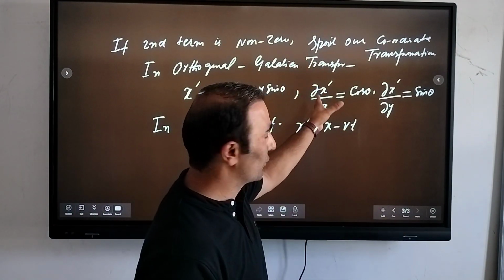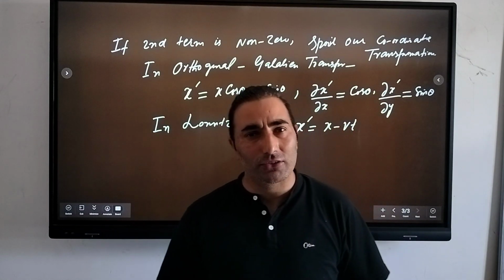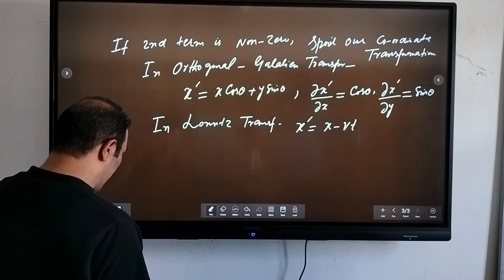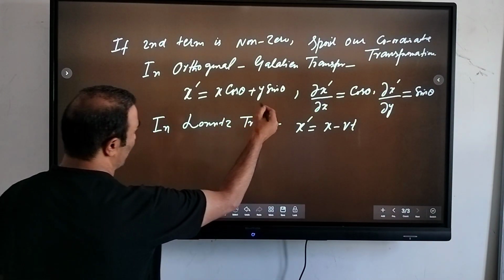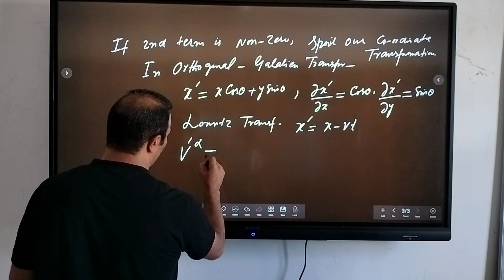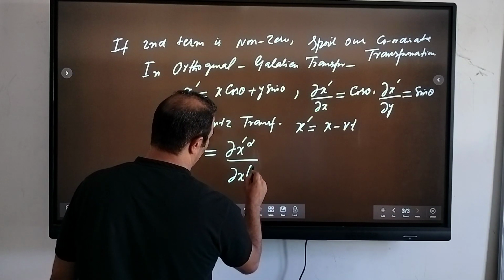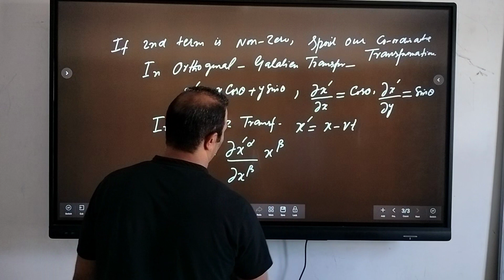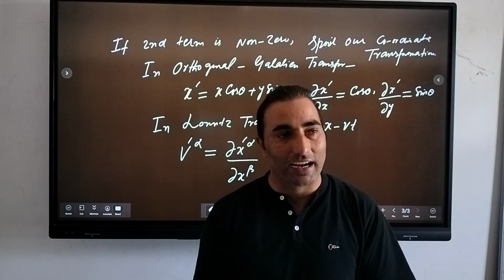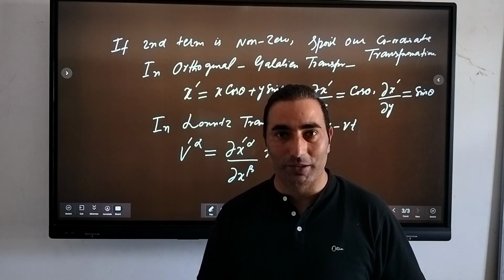Both the orthogonal Galilean transformation and the Lorentz transformation preserve it. The second term will be zero in that case, so we can write v prime alpha equal to partial x prime alpha, for the orthogonal Galilean transformation and the Lorentz transformation. So there is no problem in these two systems.